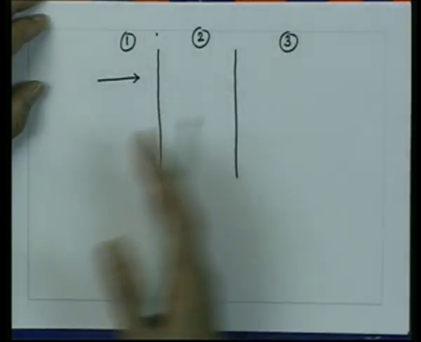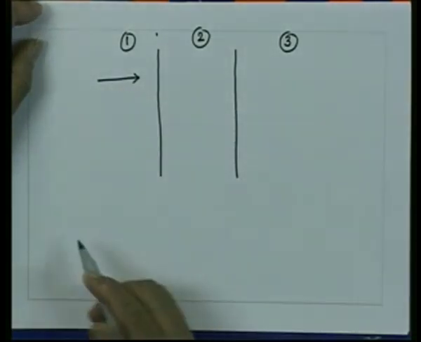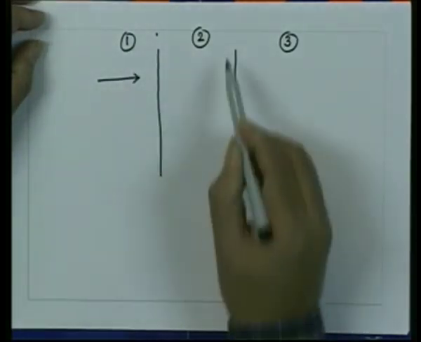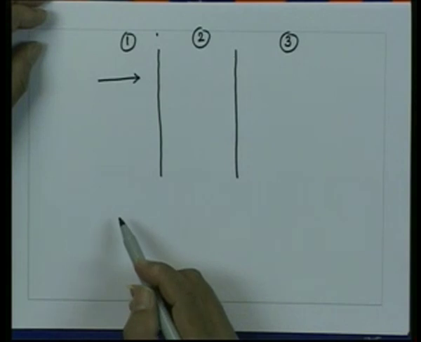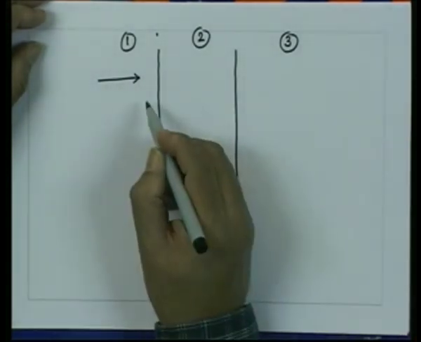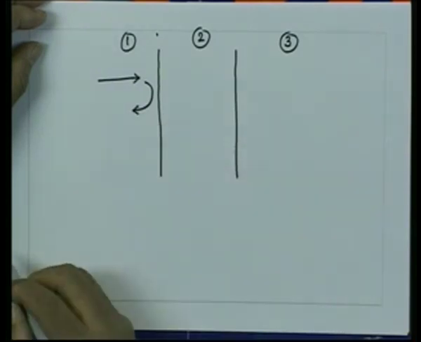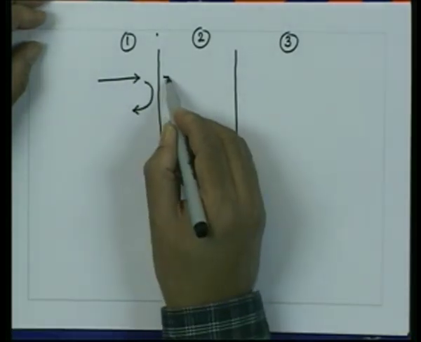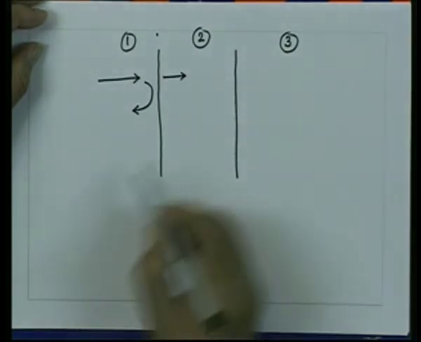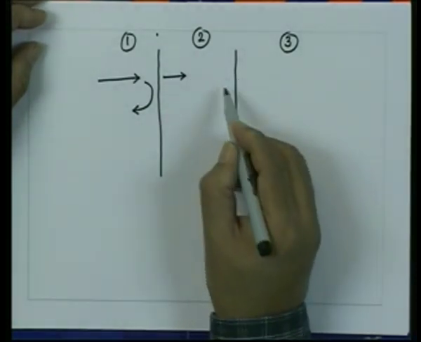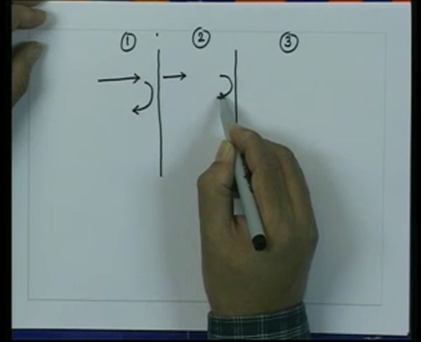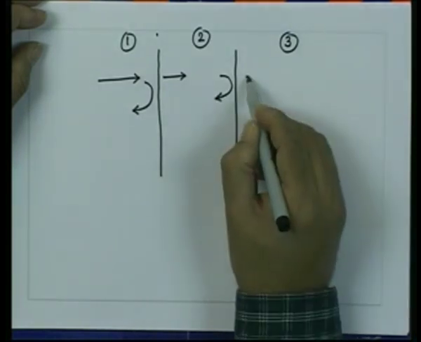So, we have two media interfaces, one from 1 to 2 and another from 2 to 3. The wave is incident on this boundary, it sees a reflection, and part of the energy is transmitted. This energy travels up to the next boundary, where part is reflected and part gets transmitted.